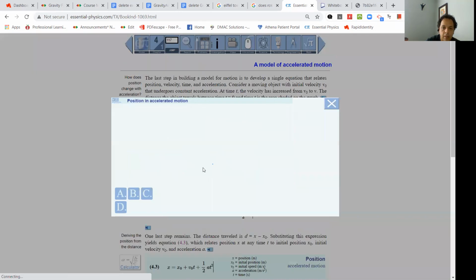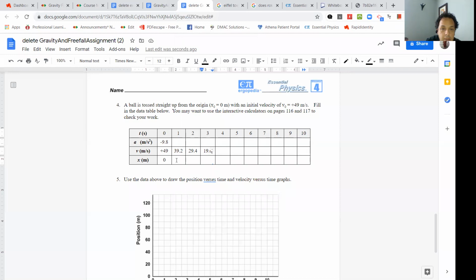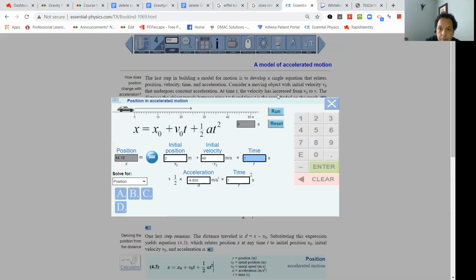Oh, there it is. Initial position is 0. Initial velocity is 49. Acceleration is gravity of negative 9.8. So now at 1, we got 44.10. I believe that's here, 44.10. What about time equals 2?